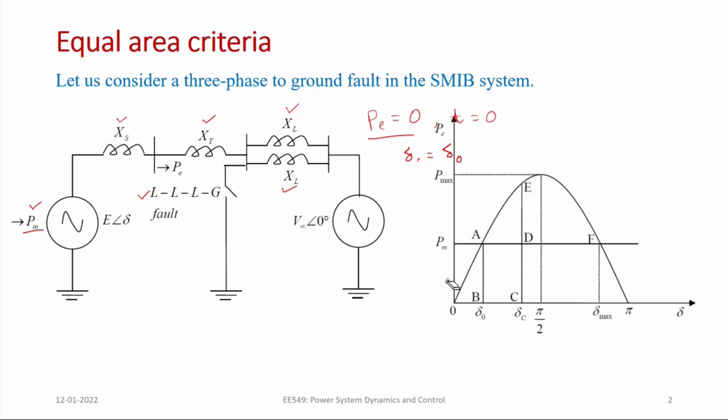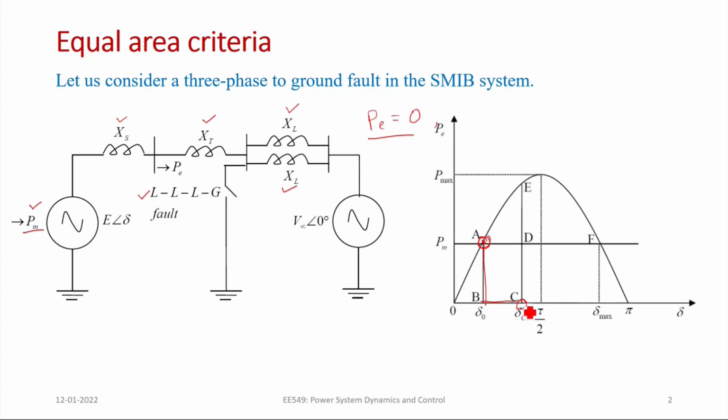Here in the power angle characteristic, you can easily observe this phenomenon. From point A, this is your stable equilibrium point, and at this point the fault occurred, and hence your power becomes 0 here. It will drop down to 0, and then your rotor will accelerate in this direction. Let us say delta C is the point where the fault is cleared.